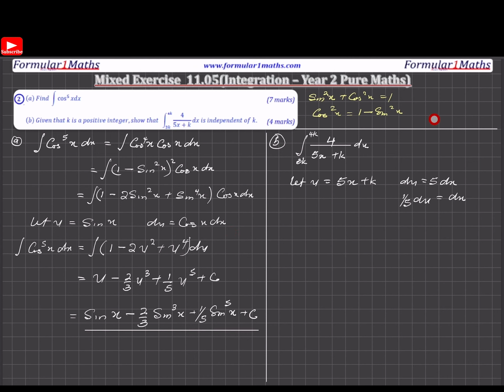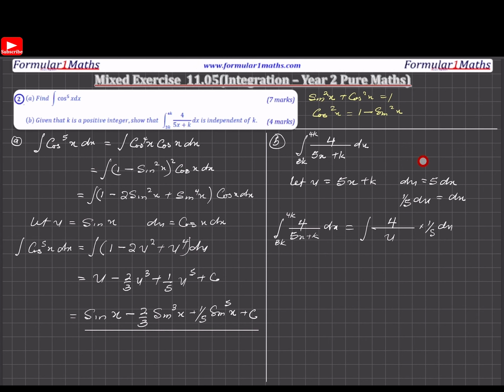So the whole integration, which is 4 over 5x plus k with respect to x, from 3k to 4k, can be written as the integral of the 4, which is here, over u, because I'm replacing this with u, so I get u here, times the dx, which can now be written as 1/5 du.